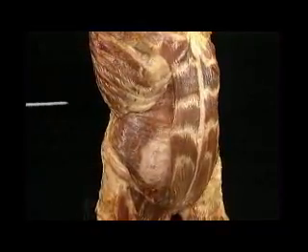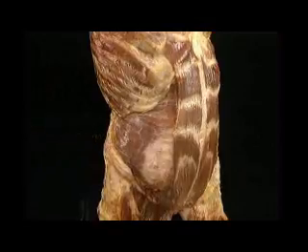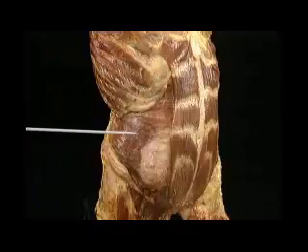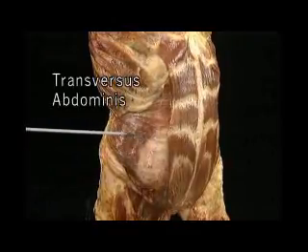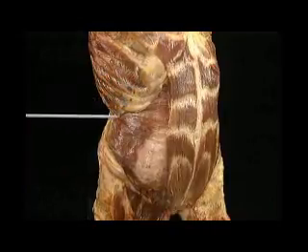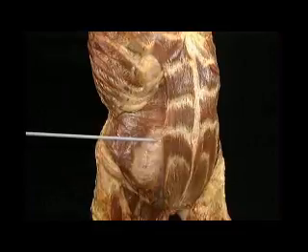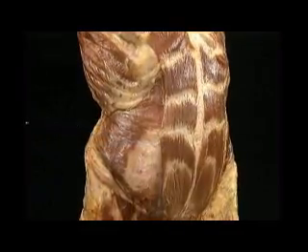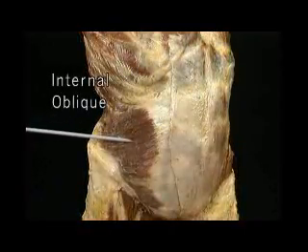Between the rectus muscles in front and the posterior abdominal wall behind, there are 3 sheets of muscle, one inside the other. This one, the innermost, is the transversus abdominis. Its fibers run horizontally. The uppermost ones go from the lowest 4 ribs to insert on this sheet of tendon, which goes to the midline. Outside transversus is the internal oblique.